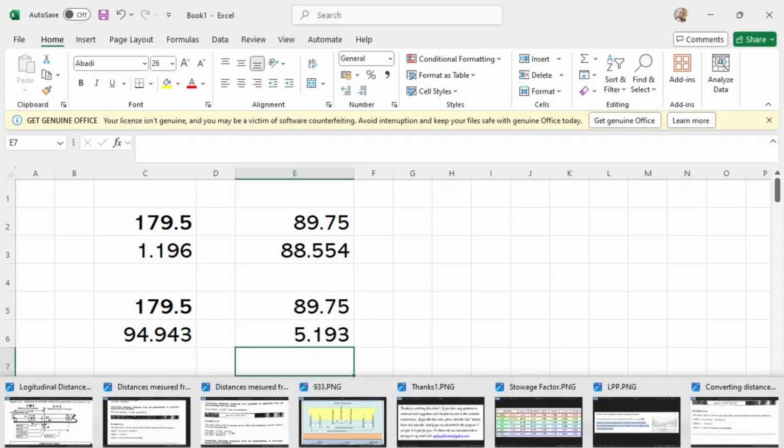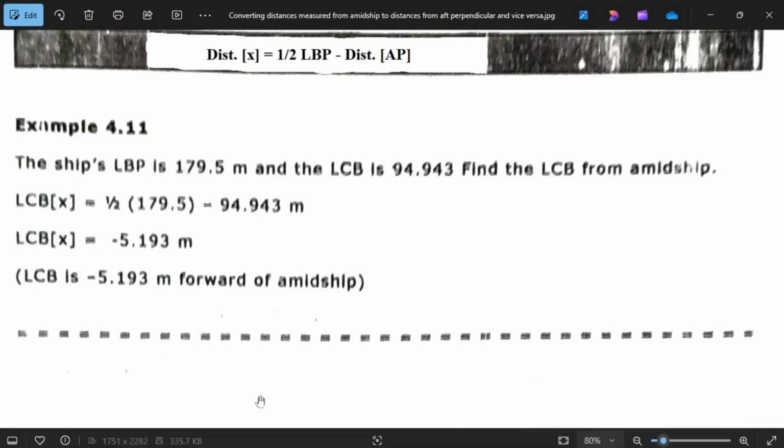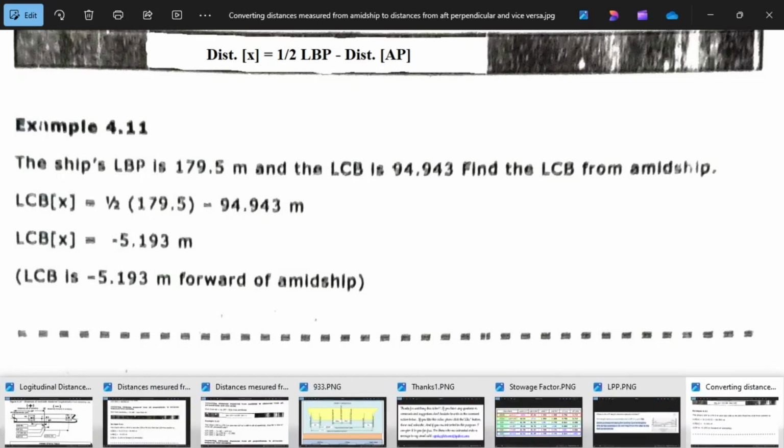What will be the answer? Negative 0.193, forward of midship. Forward of midship. Why? Okay, why forward of midship?